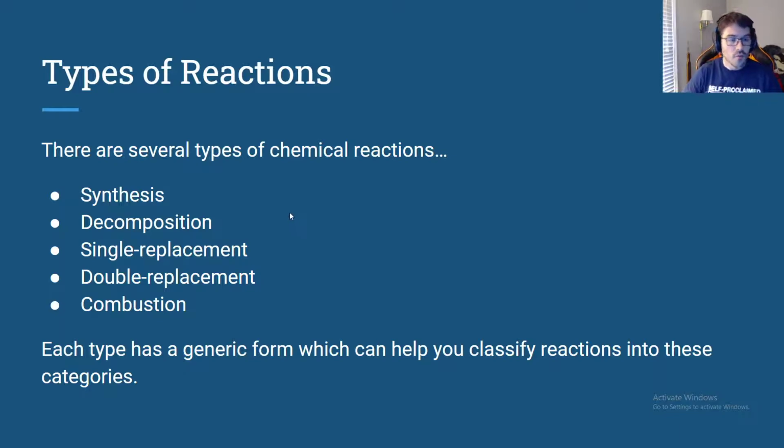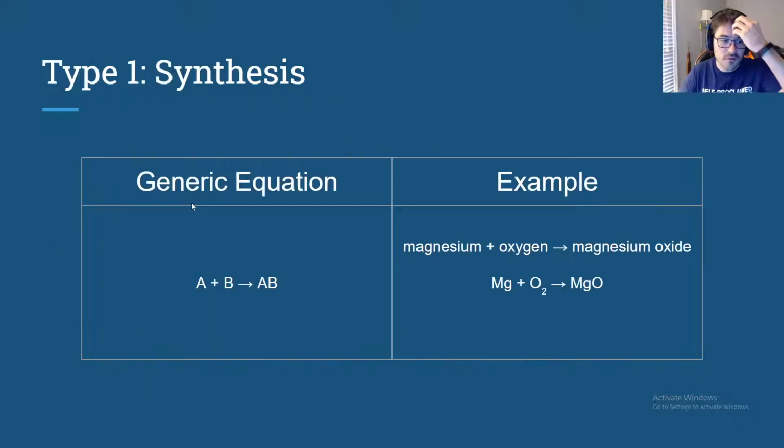Okay, so there are 5 types of chemical reactions that we are going to talk about in this class. In reality, there are many more than 5 different classifications, but we're going to keep it simple for right now and only talk about 5 different types. Each type has a generic form, a generic equation, which can help you identify which of these 5 types a certain reaction is.